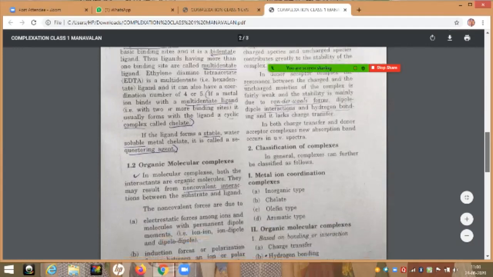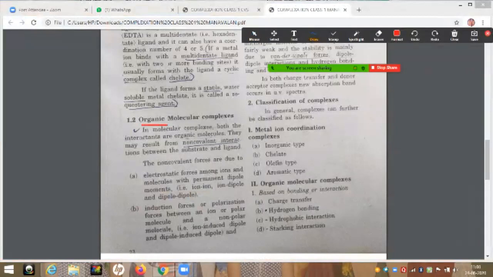Now next, we have the organic molecular complexes. The second type of complexes, we call them organic molecular complexes. As the title indicates, both the interactants are organic molecules, and they may result from non-covalent interaction between the substrate and the ligand.